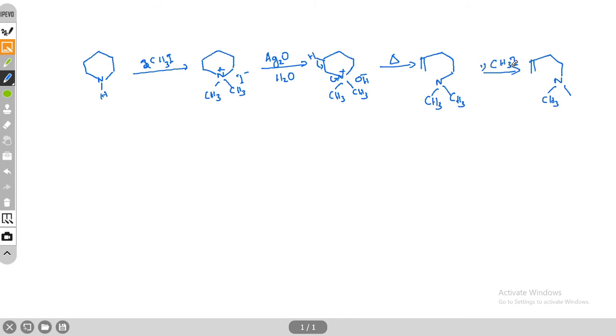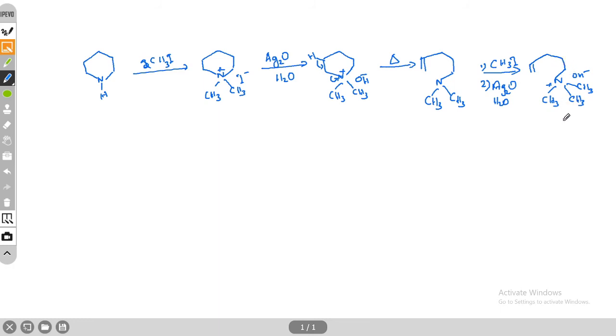First treated with CH3I, then moist silver oxide, and then we get a quaternary ammonium salt like this, with OH minus as the counter ion.